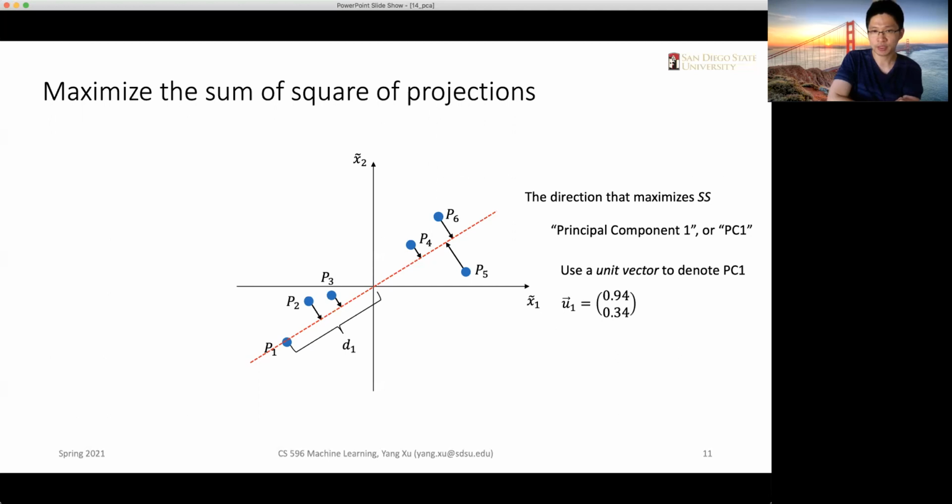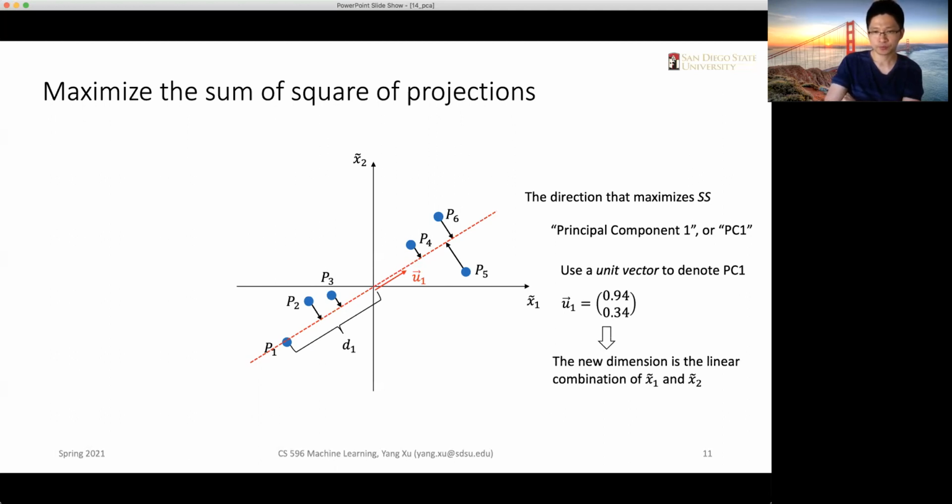Basically, we can use a unit vector, which has unit length, to denote the direction of PC1. In this case, for example, it's this vector, 0.94 and 0.34. That is the direction of PC1.